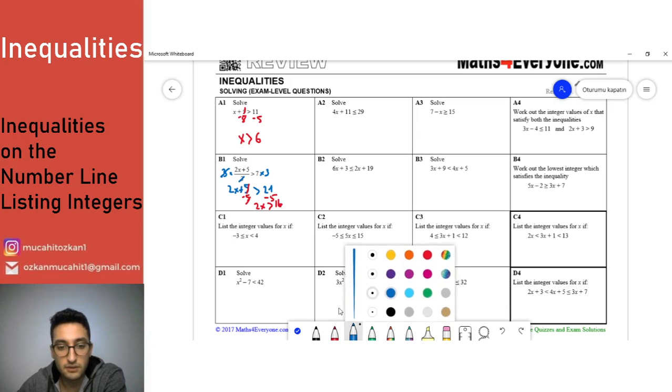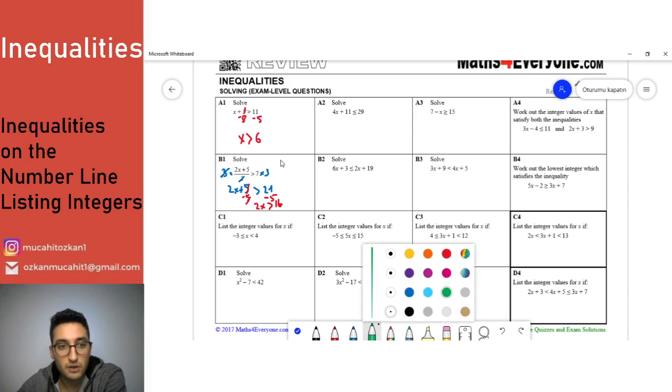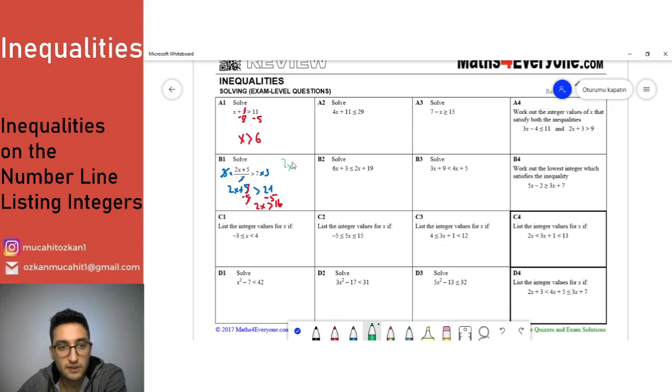Then I'm going to copy the question right here. 2x greater than 16, and we need to divide both sides by 2, and x is greater than 8.